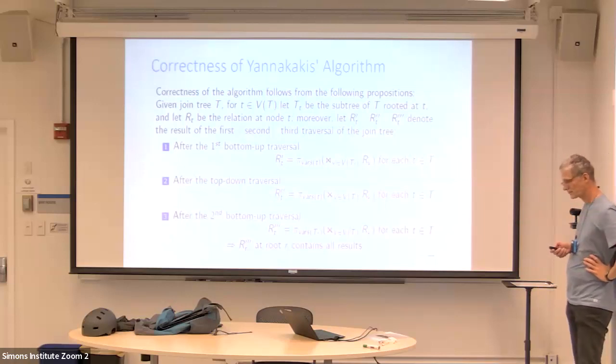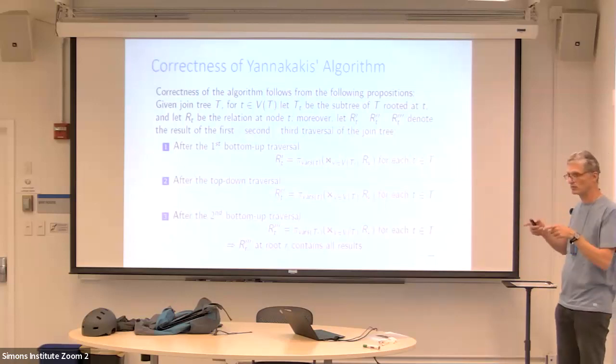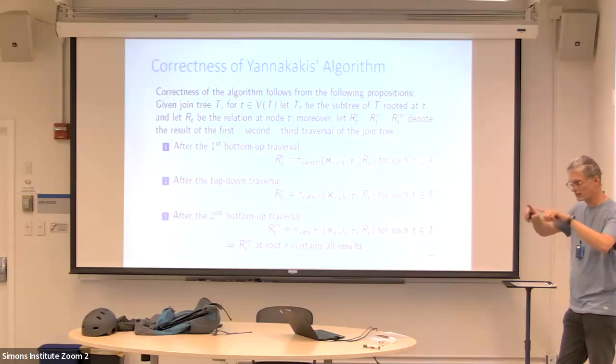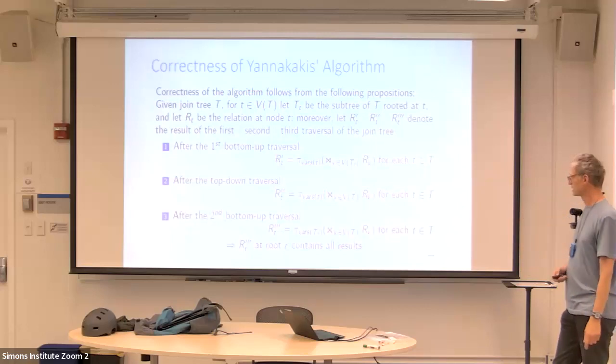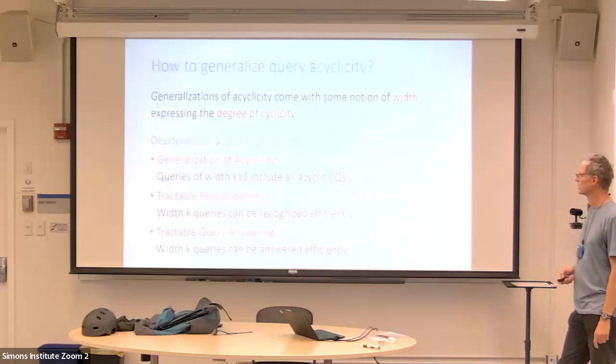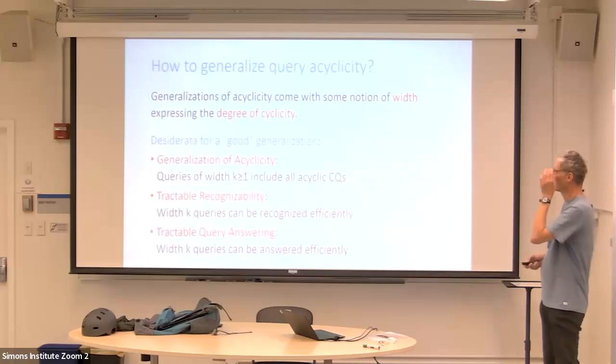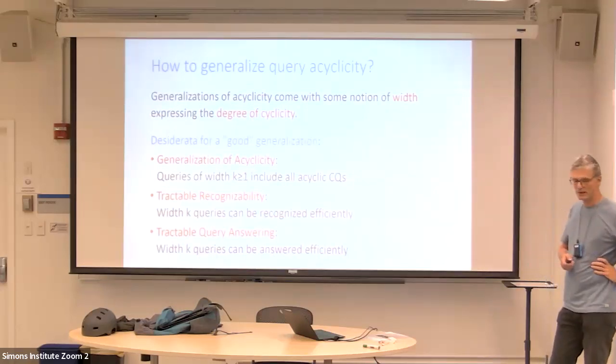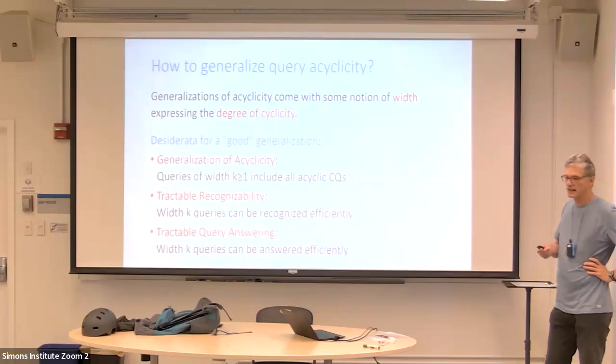So what we then have as annotation at each node is the full join of the subtree rooted at this particular node. Okay, so acyclicity apparently is a favorable property, but it is very restrictive.